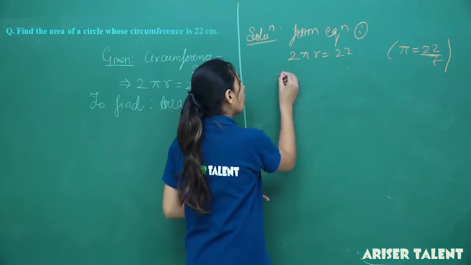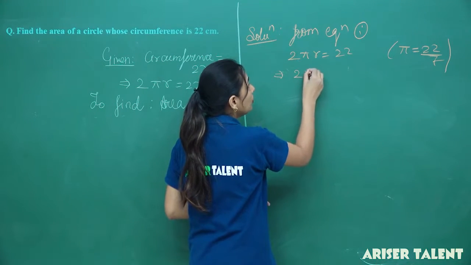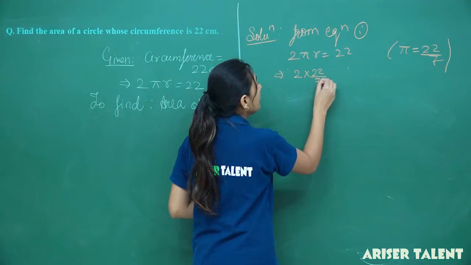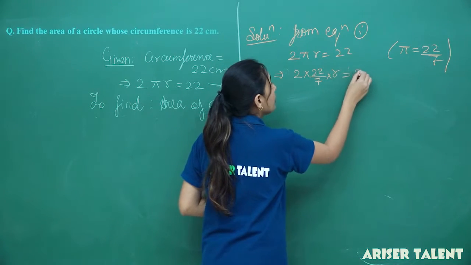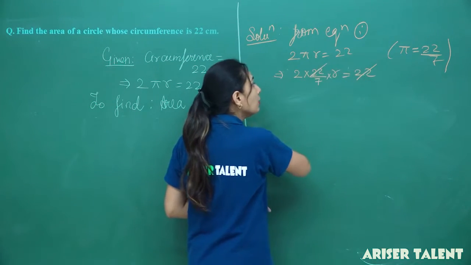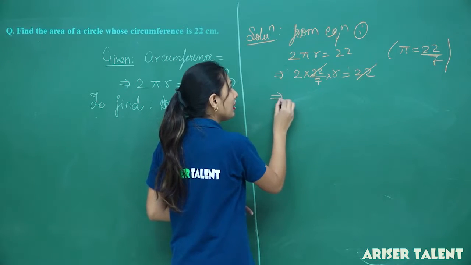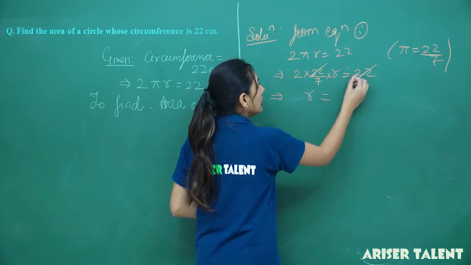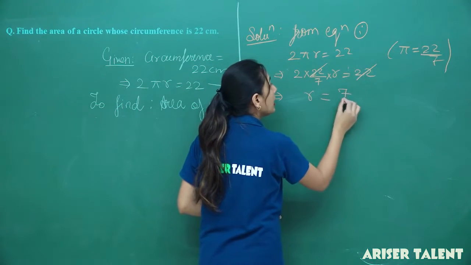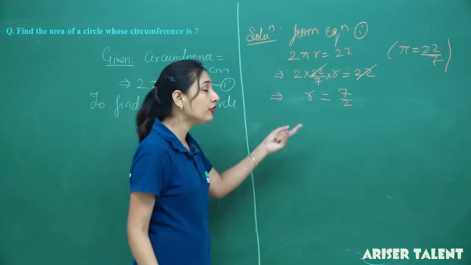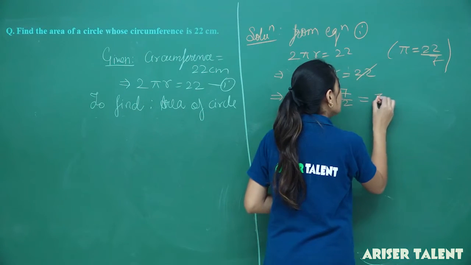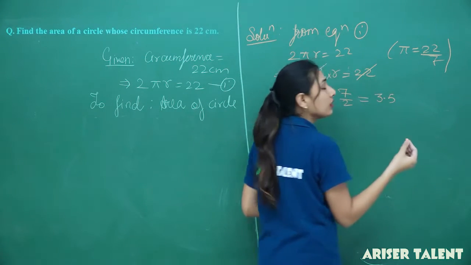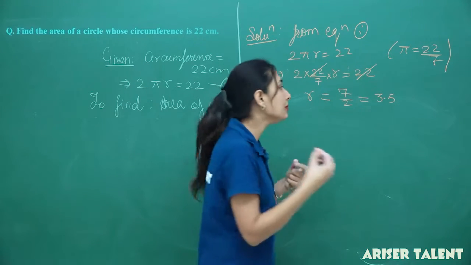So 2 multiplied by 22 by 7 multiplied by r equals 22. Now this will cancel out. What will remain here? r equals 7 by 2. When you solve it, you will have 3.5 of what? Centimeters.